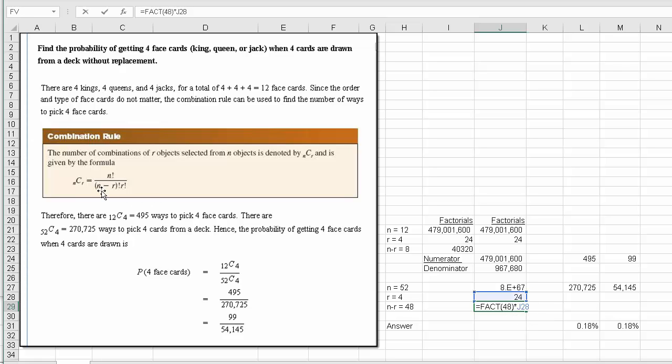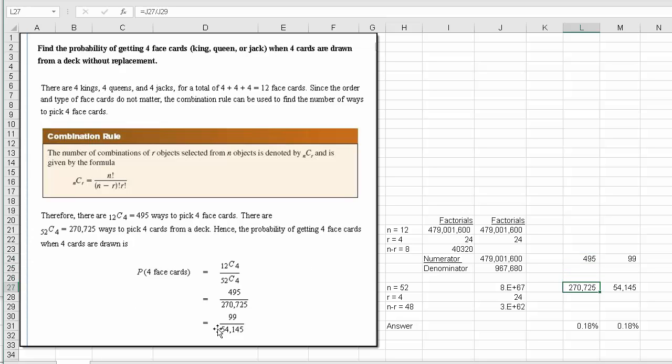That's the whole denominator. So it's n minus r factorial times r factorial. So we're multiplying it times 24. That's why we can take the numerator divided by the denominator, and we come up with 270,725. So the probability of getting 4 face cards when 4 cards are drawn from a deck without replacement would be 495 out of 270,725.